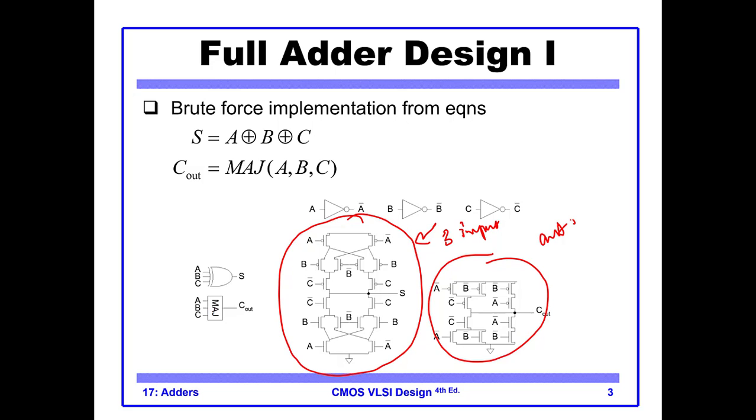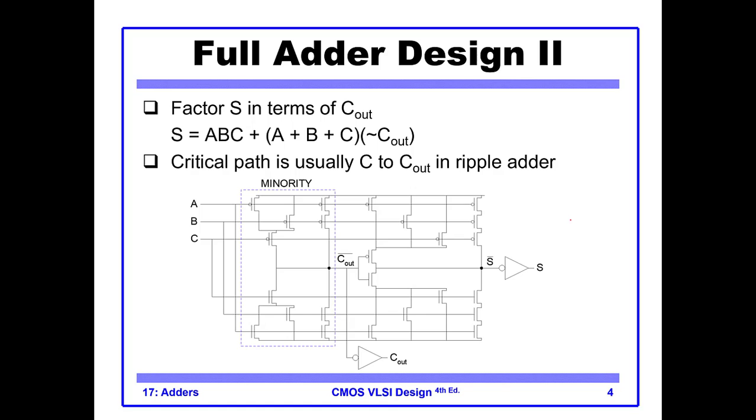The main problem in any adder design is basically the carry propagation. So imagine if you have a 4 bit full adder, then every full adder depends upon the previous full adder.